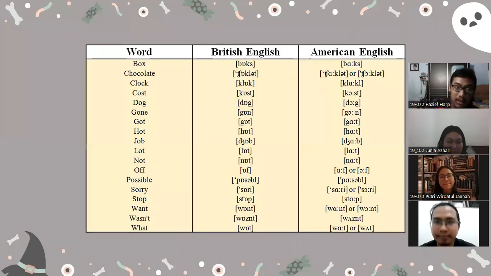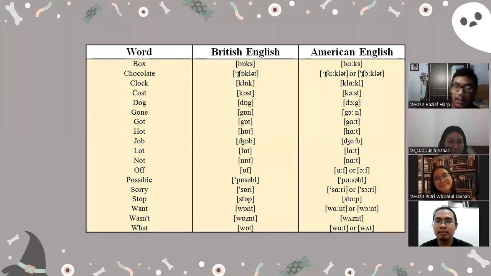So, for example, there are two Englishes we know, which are British English and American English. There is a bit of difference in how they say the word. For example, maybe for American it's called chocolate, but in British it's called chocolate.